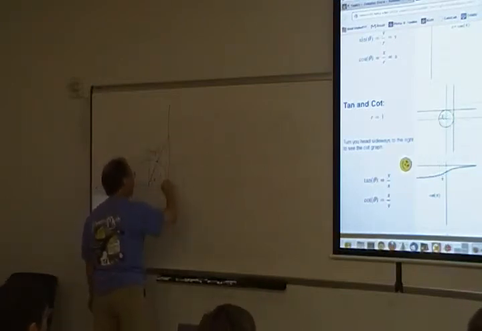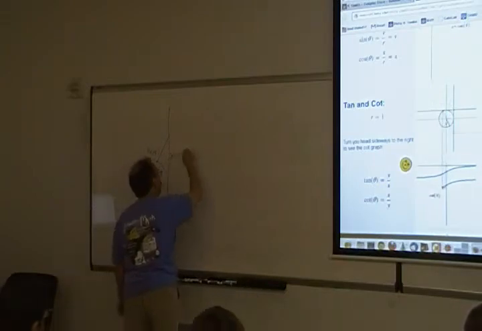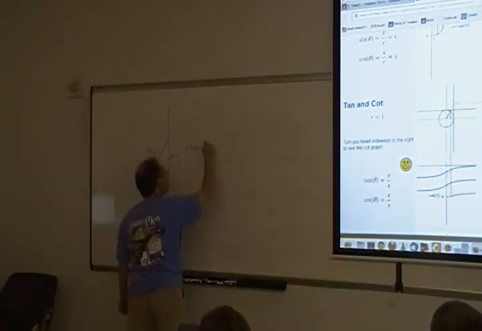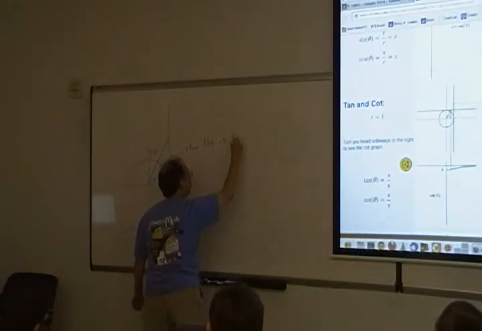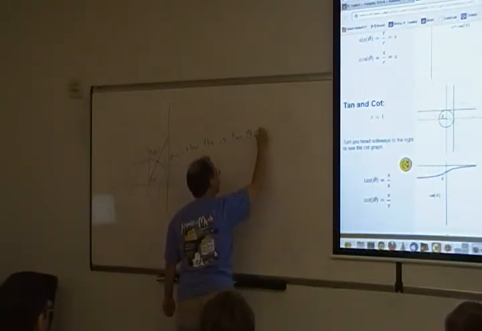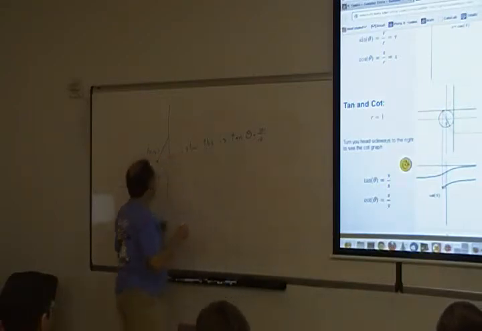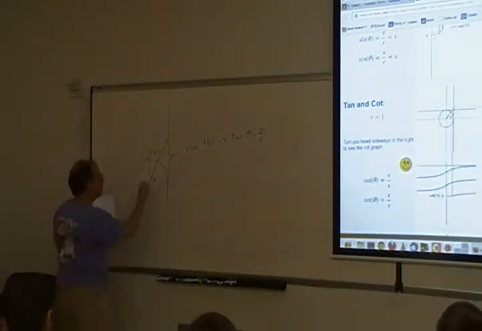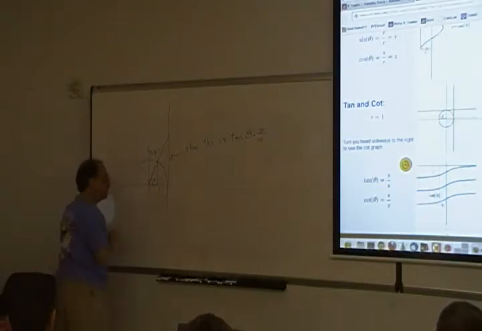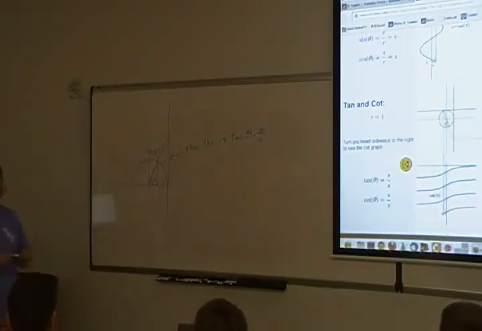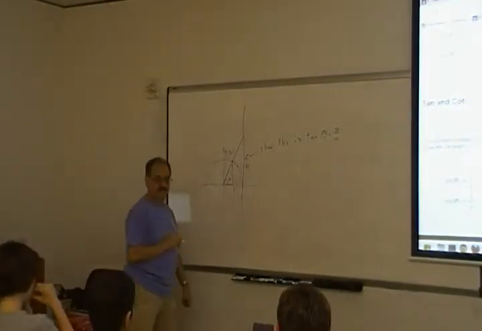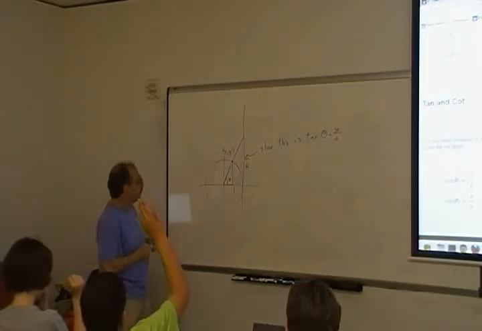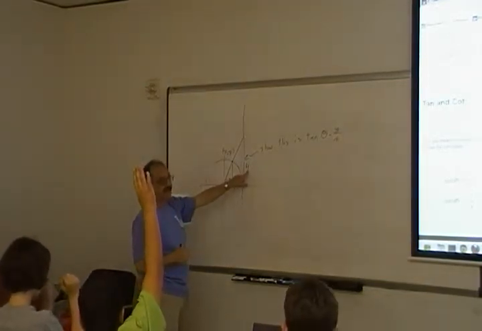And I claim, and you need to prove, that this height is tangent of theta, which is y divided by x. Why is this height equal to the y coordinate divided by the x coordinate? So let's call that height h. And you're trying to find a reason why h is tangent of theta.